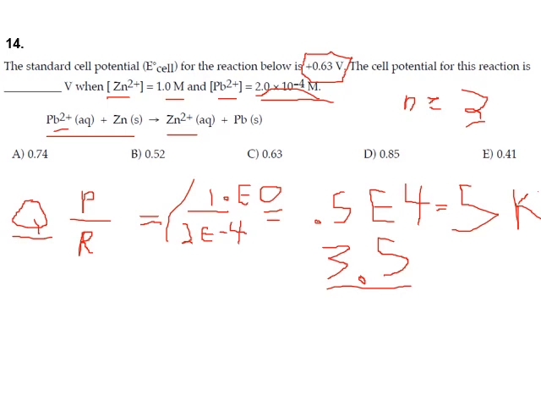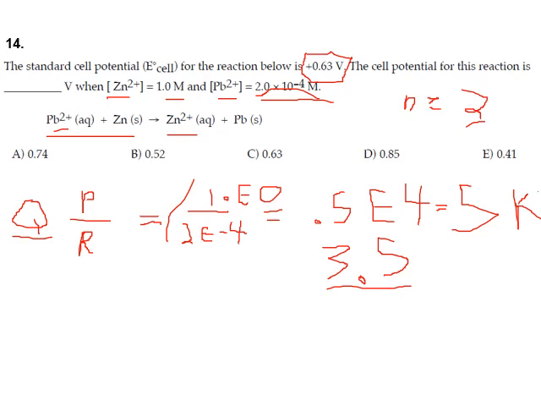So let's just say, just to get a ballpark idea of what your answer should be, if you just divide the 3.5 by the 2 first, that's a little bit less than 2. And then when you multiply that by 0.0591, you get maybe about 0.1. Now, this is just a rough estimate, but it's a good way to do it because it gives you an idea if your answer's right.